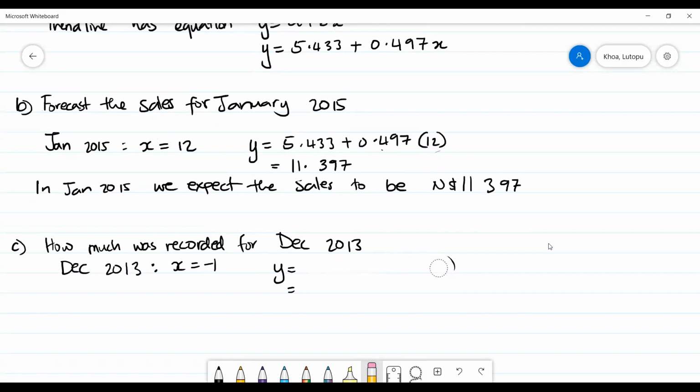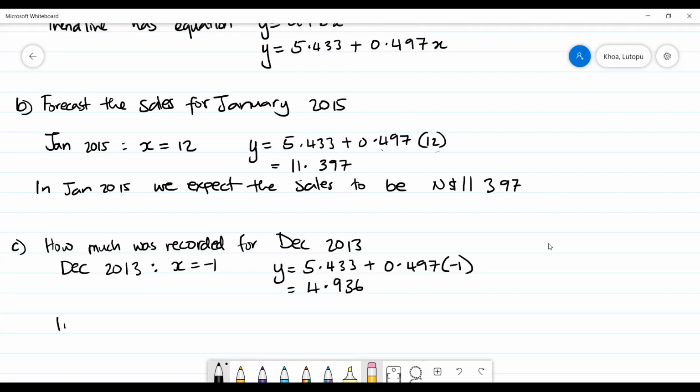And then the same thing with this one here, because it doesn't make sense to have negative sales. So we have 5.433 plus 0.497 times -1, and this is 4.936.